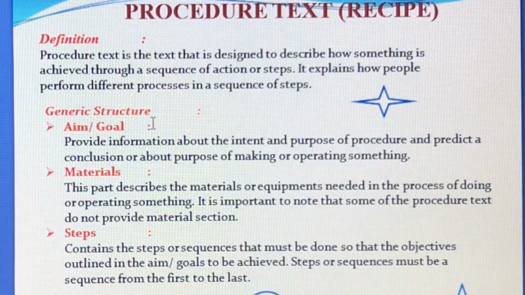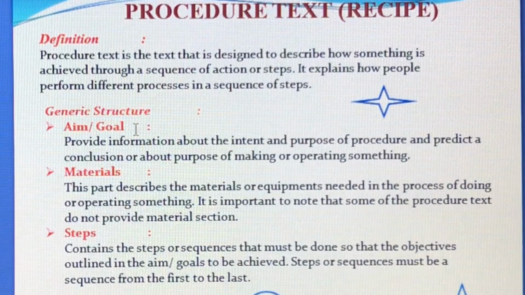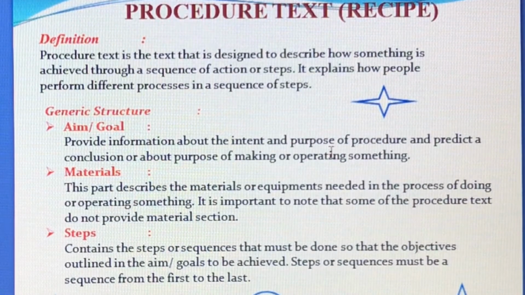And generic structure, there are 3 points in generic structure. The first is aim or goal. Aim or goal provides information about the intent and purpose of the procedure and predicts a conclusion or the purpose of making or operating something.